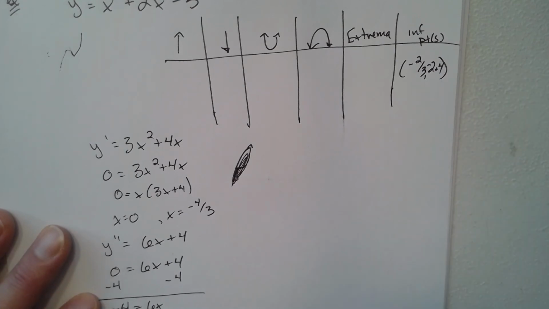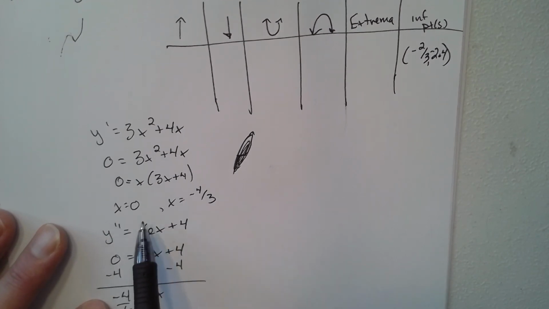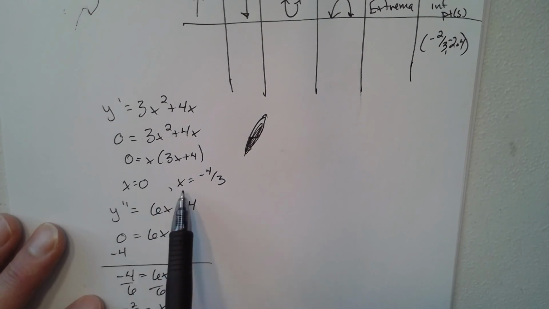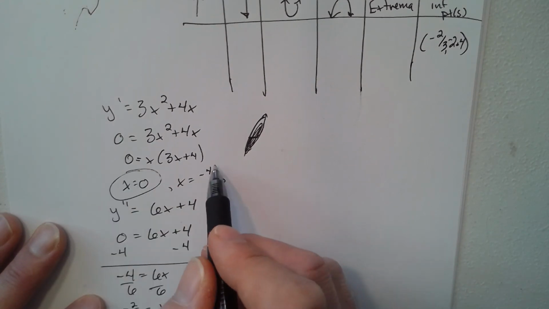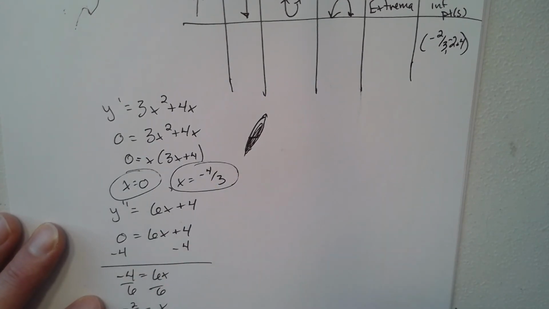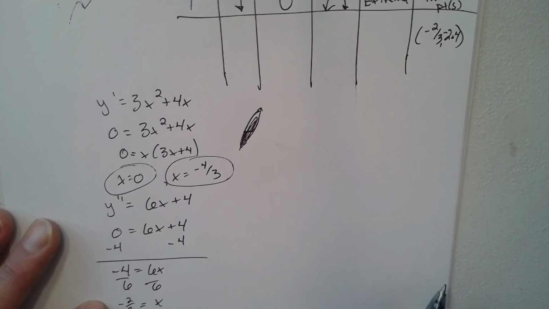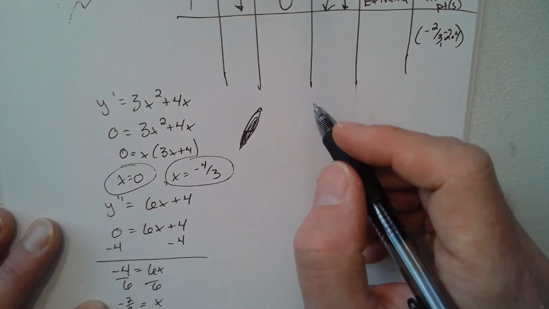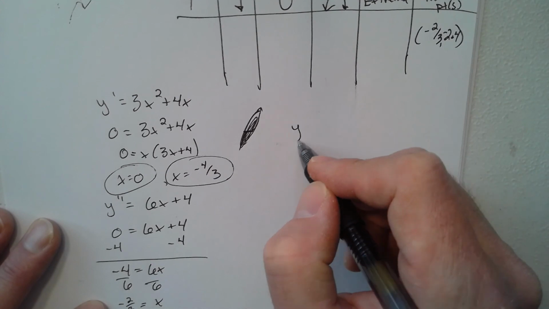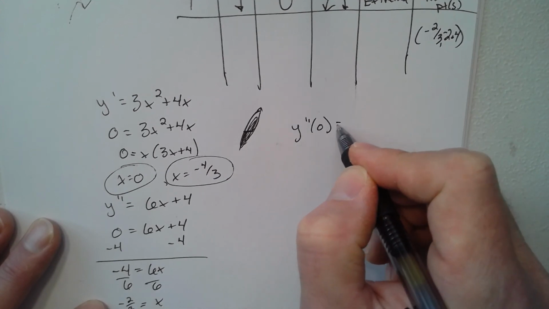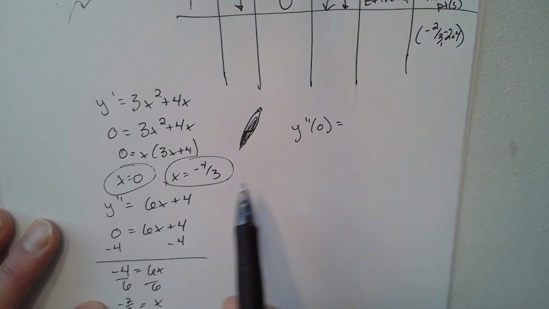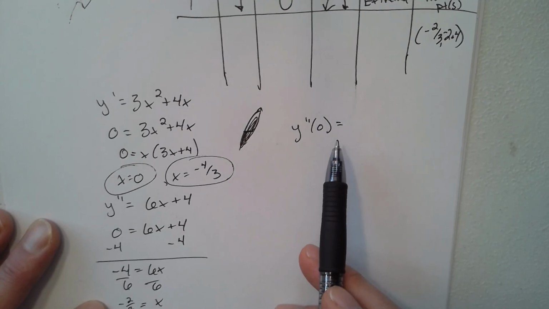Alright, so now we can figure out if we have mins or maxes at these two x values. I've got x equals 0 and x equals -4/3. We're going to figure out whether it's a max or a min at 0 by using the second derivative test. So we're going to find y double prime of 0. All we really want to know is whether it's positive or negative.